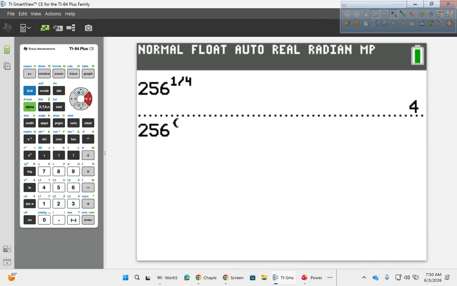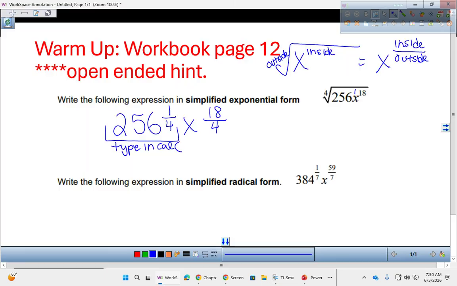I really recommend you checking that when you type 256 to the 1/4, you get 4. If you don't, you need to use parentheses around the 1/4. Then you should get 4. All right? Because that's a whole number, I'm going to change the 256 to a 4.